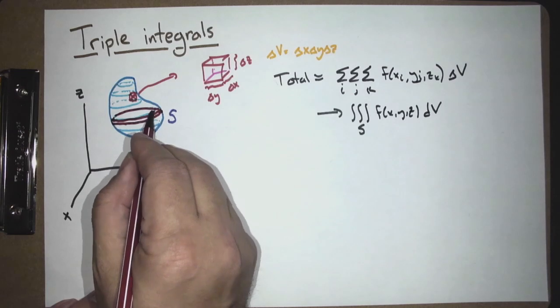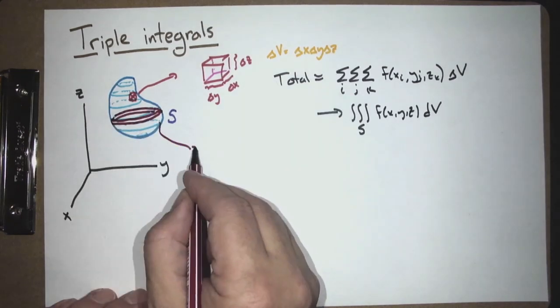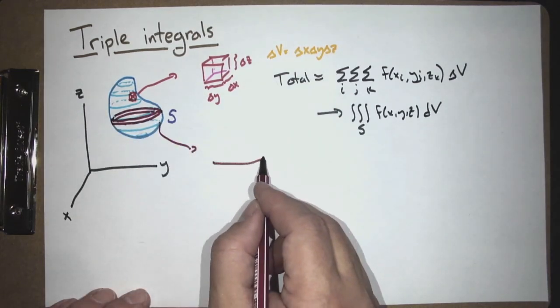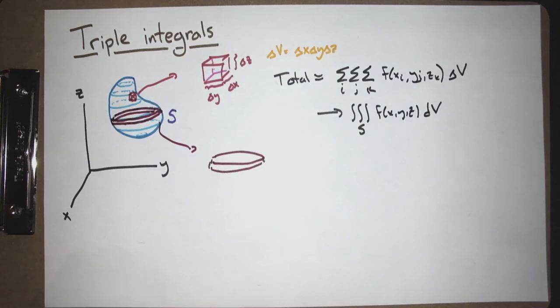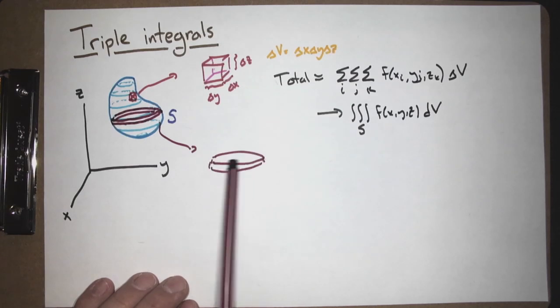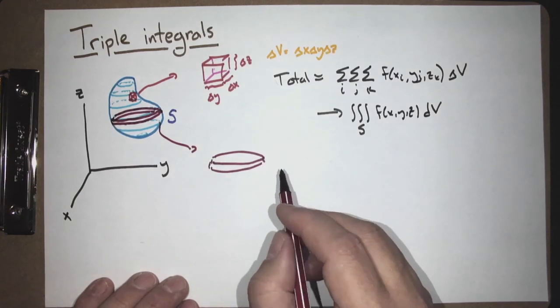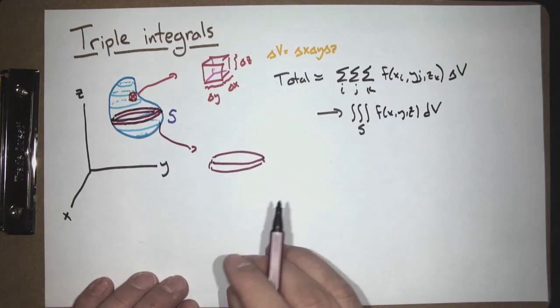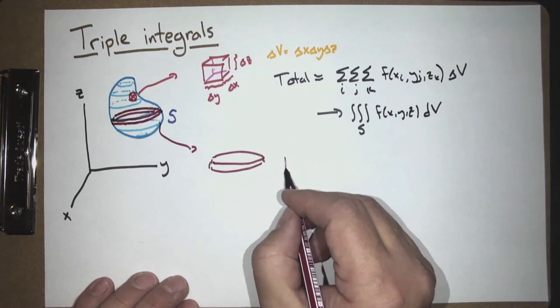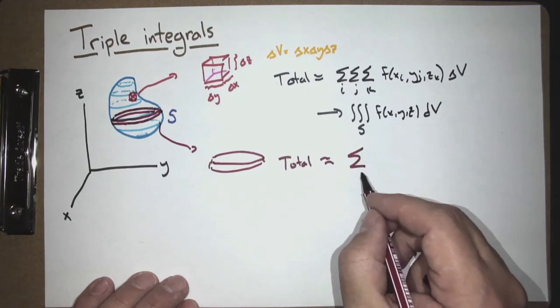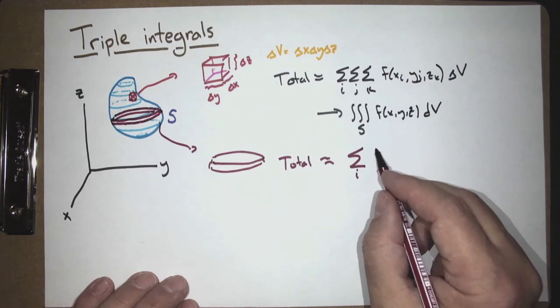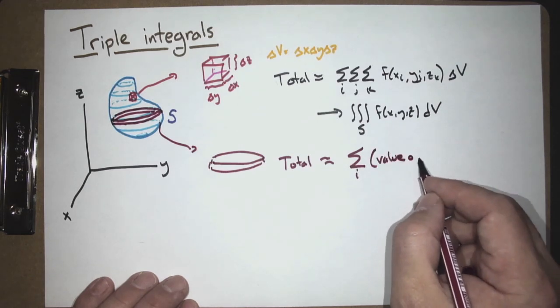All right. And so we have now our slice. And the nice thing is we say, how do we handle our slice? Now, because it's a big slice, the function isn't acting like a constant, but that's okay. Our total is approximately the sum over all our slices of the value of the slice.